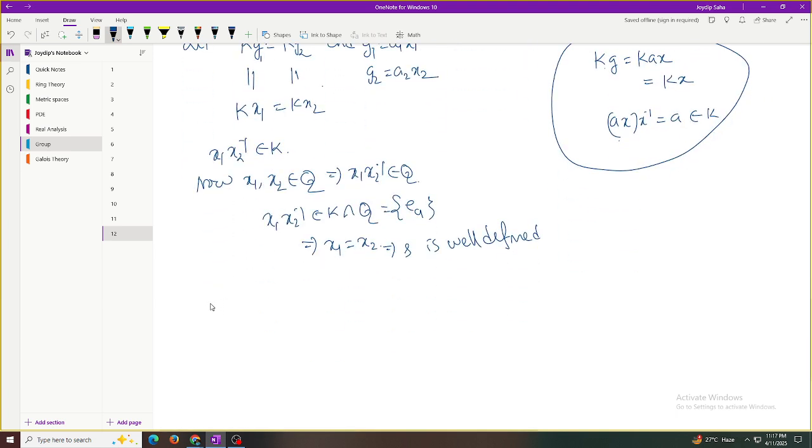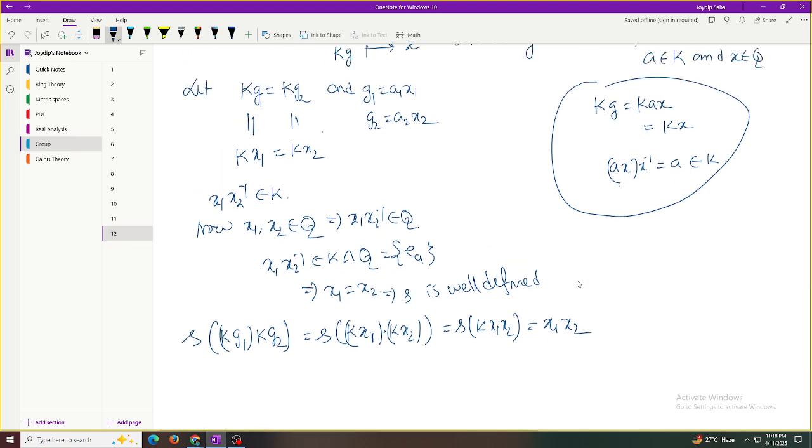So S of Kg1 g2, S of Kg1 Kg2, is S of Kx1 Kx2, equals S of Kx1 x2, equals x1 x2.